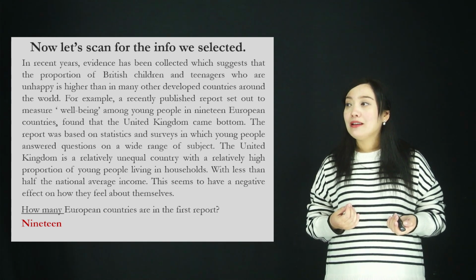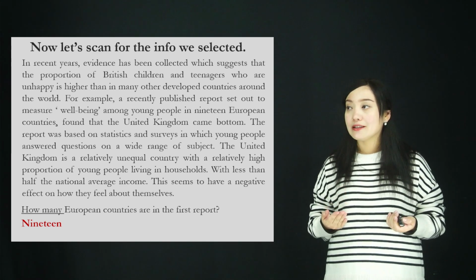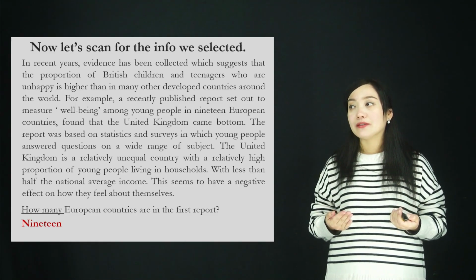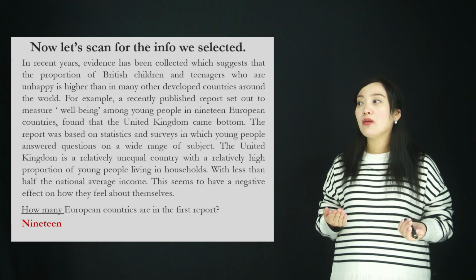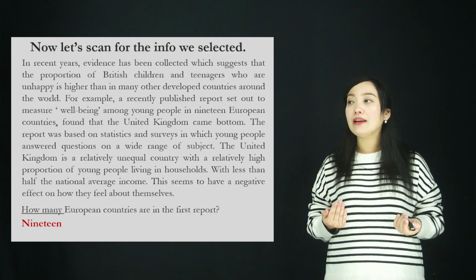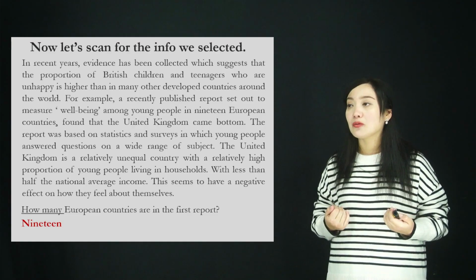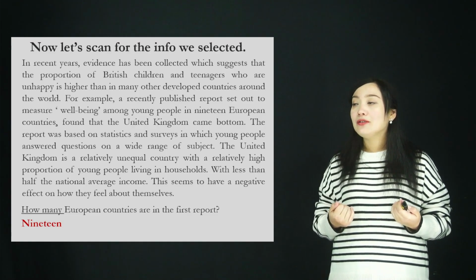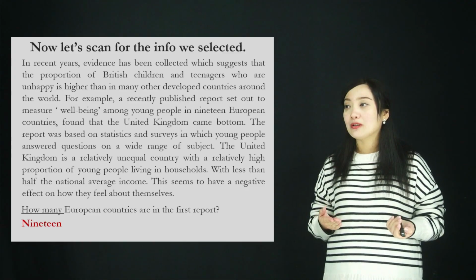For example, in a sentence, we have the answer: a recently published report set out to measure well-being among young people in 19 European countries. And you see that 19 is written with letters, in words.